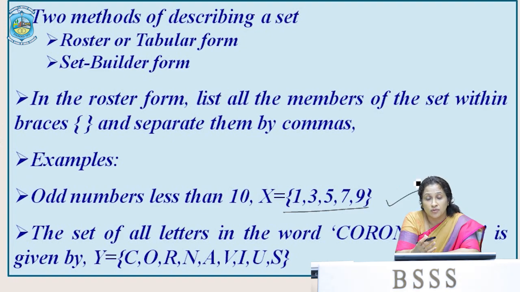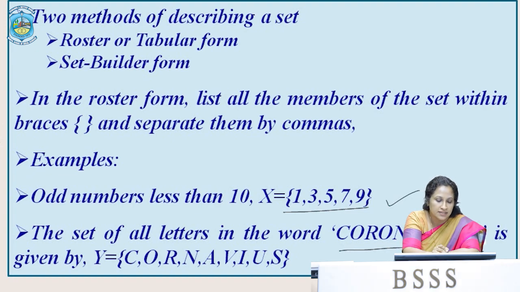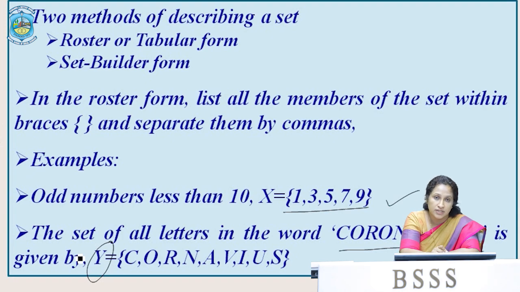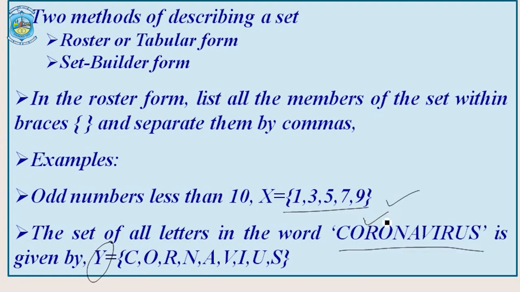Suppose we take a novel example, the set of all the letters in the word coronavirus. Any letter can represent a set, but please see that it is represented by a capital letter. Since I have spelled coronavirus in capitals, the elements can be in capitals. It is enclosed within curly brackets and you can see a small difference here: O comes twice in coronavirus, but it has been written only once in the roster form.